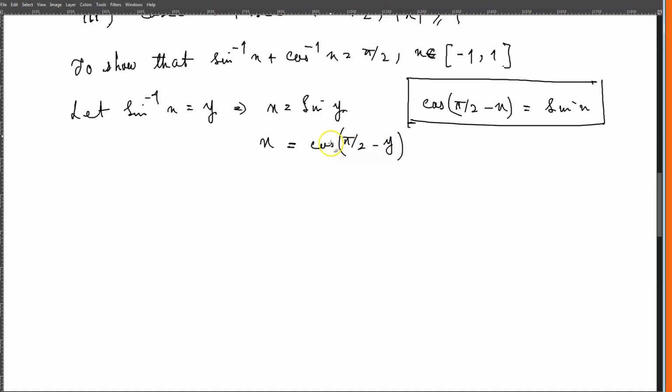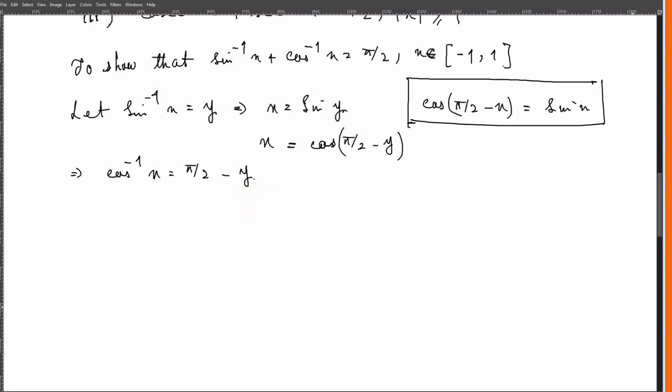So if x is equal to the cos of pi by 2 minus y, I can write here the cos inverse of x is equal to pi by 2 minus y, right?